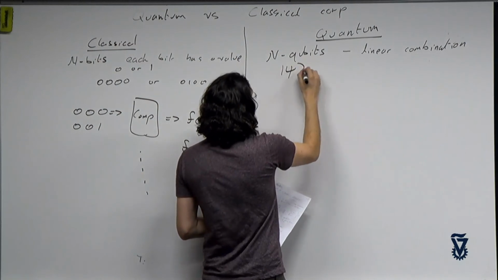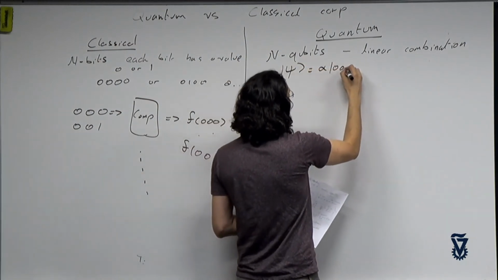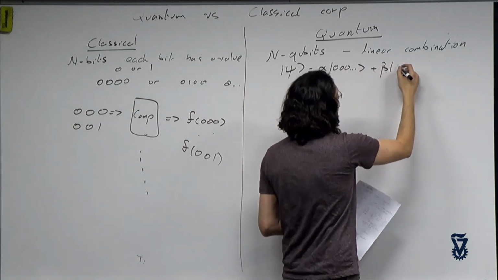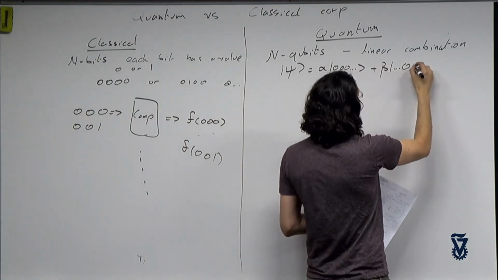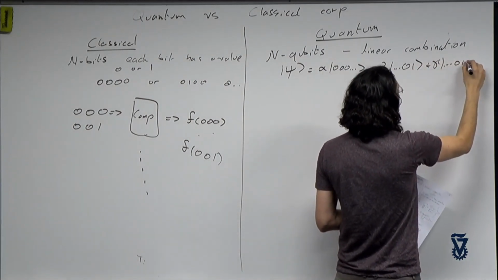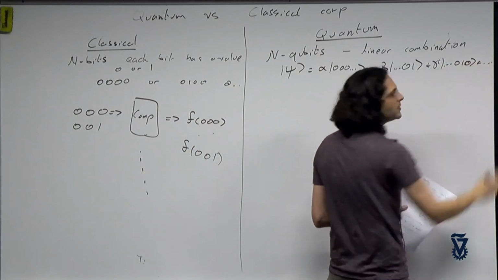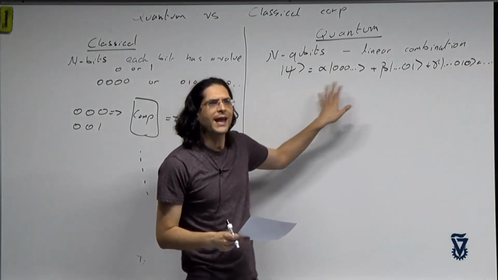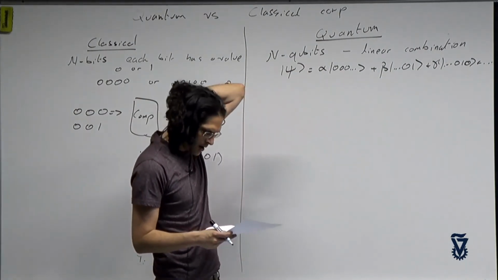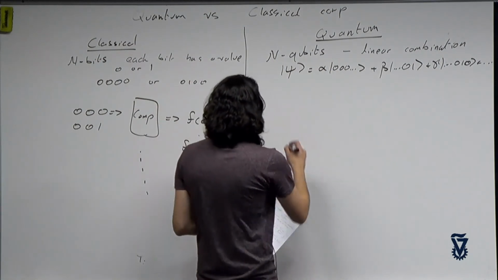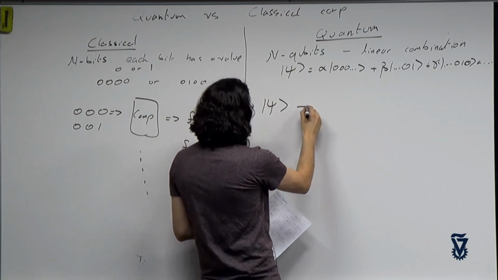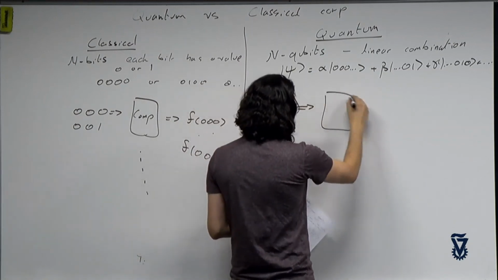So basically psi is some alpha 0, 0, 0, plus beta 0, 0, 1, plus gamma 0, 1, 0, plus so on and so on. So I have a superposition with an amplitude to each of those 2 to the n states. And what you do in the quantum case is you take psi and you put psi into your computation.